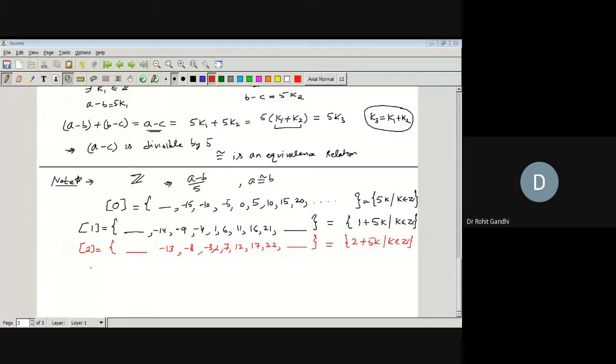Similarly, I can write the equivalence class of 3. Yes, who will tell me? Ankush Sharma.